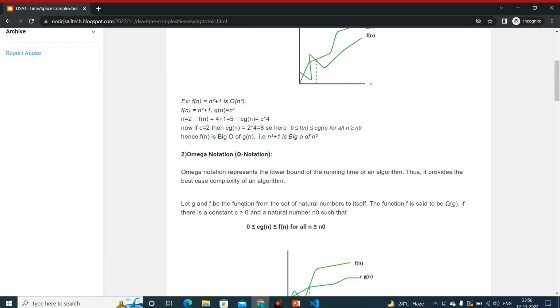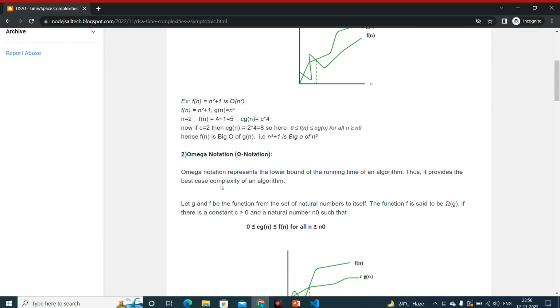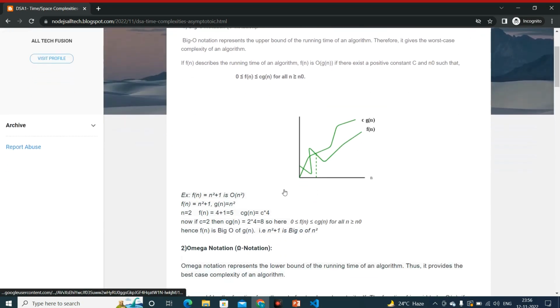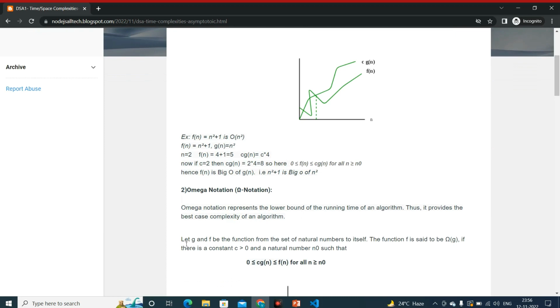Now omega notation is approximately the opposite of big O notation. For example, big O notation gives us the upper boundary, while omega notation gives us the lower bound of the running time of an algorithm. Now the definition: let g and f be functions from the set of natural numbers to itself.